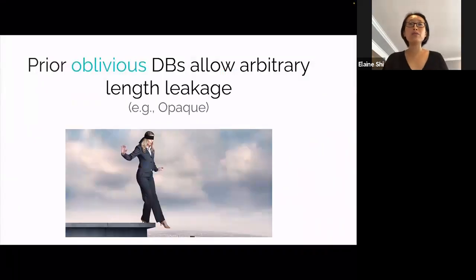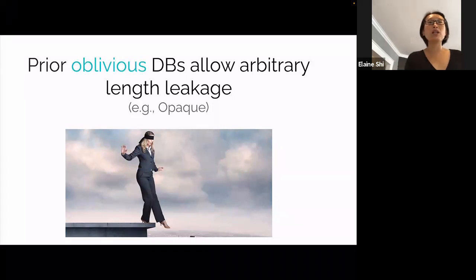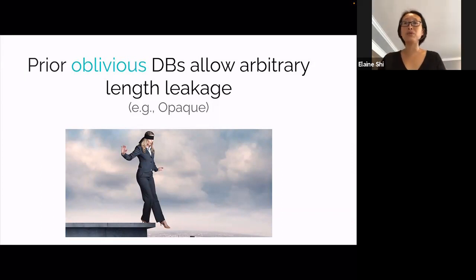Indeed, prior oblivious databases were confronted with this problem, and to avoid this worst case penalty, some works choose to allow arbitrary length leakages. Of course, this is going down a slippery slope, right? If you allow arbitrary leakages, it basically means no provable security guarantee.